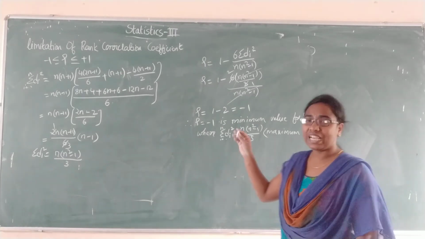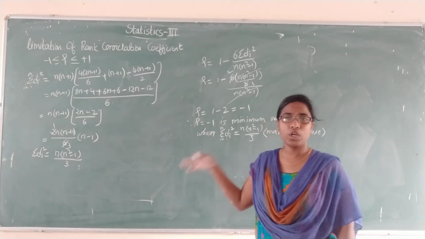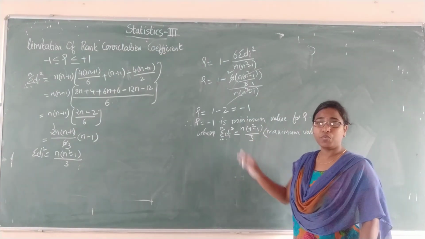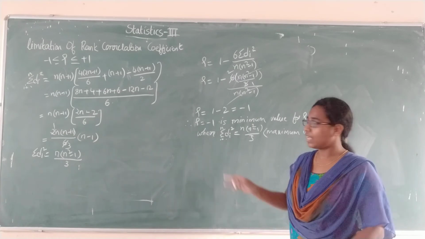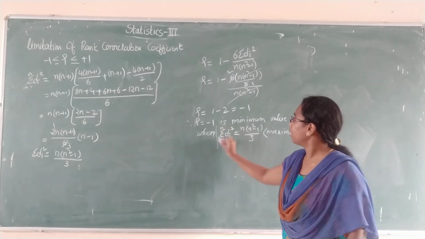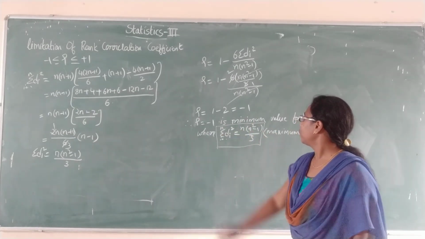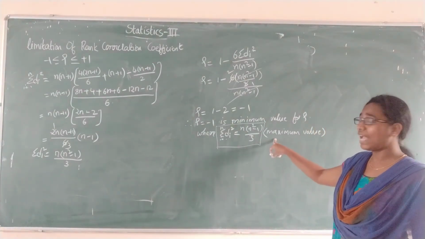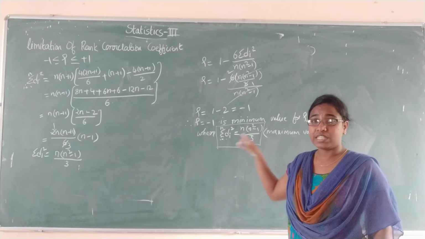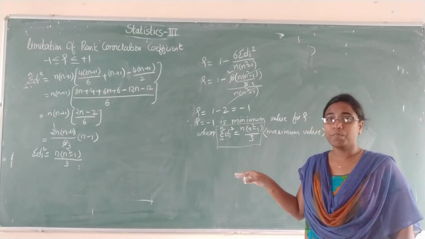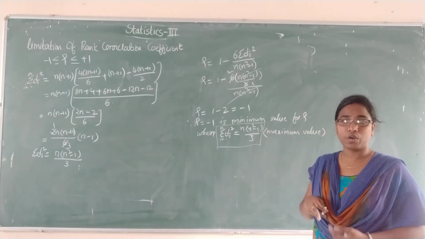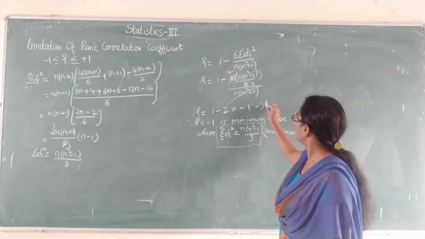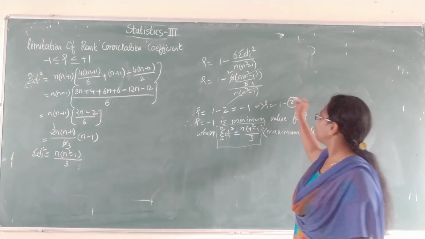So whenever di square is maximum, only then we will get the rho minimum value. So at this particular value, that is n into n square minus 1 by 3, you will get the maximum value of d. This maximum value we are finding by taking the reverse order of the ranks. So this is rho equals minus 1, which is equation 2.